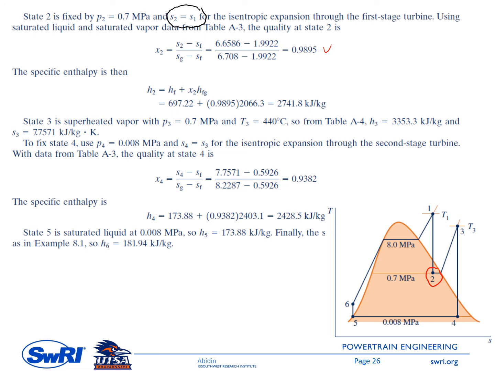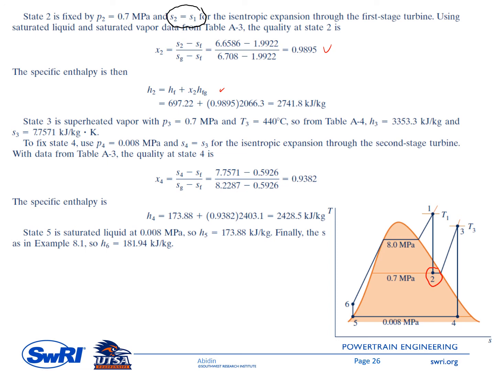Once we have X2, then we can calculate H2. This formula I believe is in chapter 3. Yes, H2 equals HF, the saturated liquid enthalpy, plus X2 times HFG, where HFG is Hg minus Hf. I believe there is one column in that table showing HFG, which helps you save time.